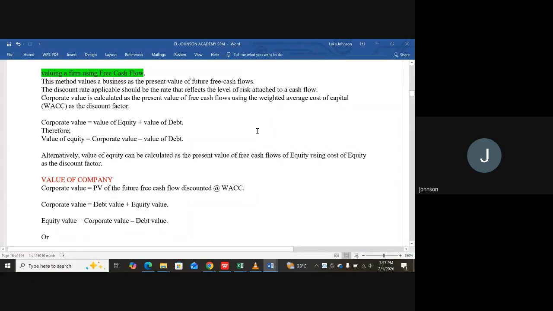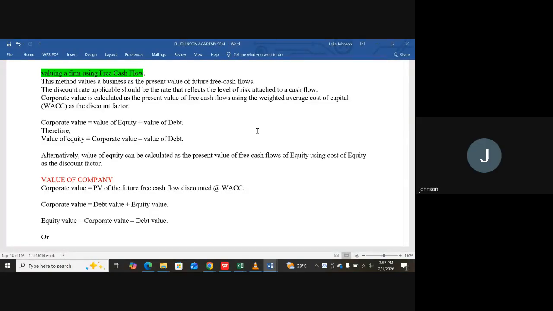When we are calculating our free cash flows, you can either decide to calculate free cash flows to the whole company or calculate free cash flows to the debt holders alone.